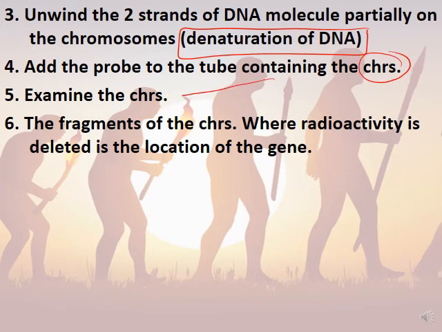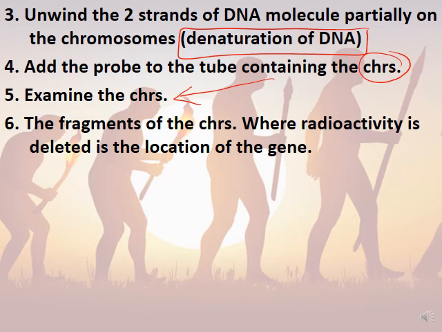Then we examine the chromosomes, and the fragment of the chromosomes where radioactivity is detected is going to be the location of the gene. This is the aim of in situ hybridization.